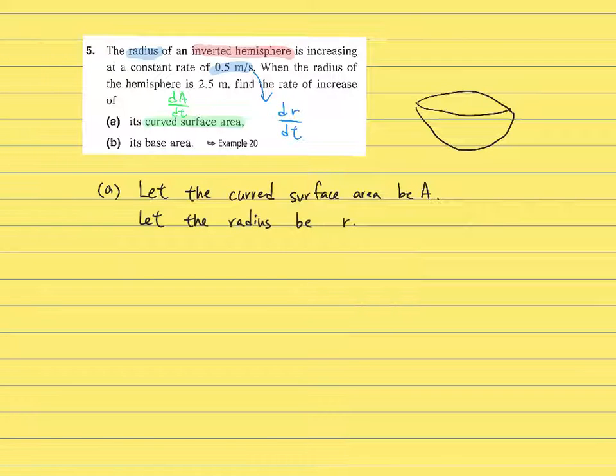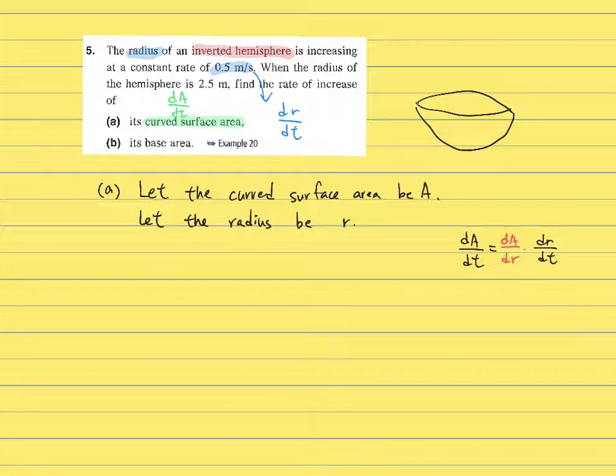Let's write down on the right hand side first. dA/dt, dr/dt. How can we connect them? We need to find the red part here, dA/dr, such that we can change the dA/dt into dA/dr times dr/dt. So what is area in terms of radius? I mean the curved surface area.